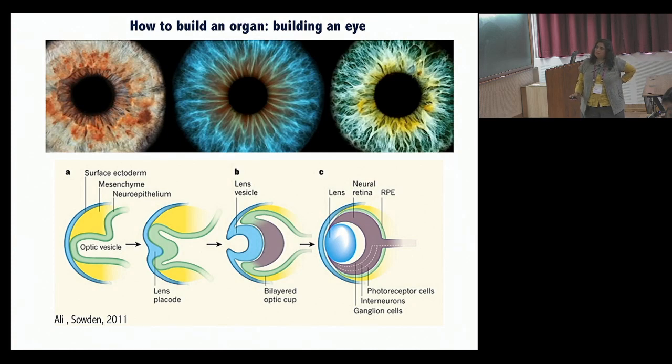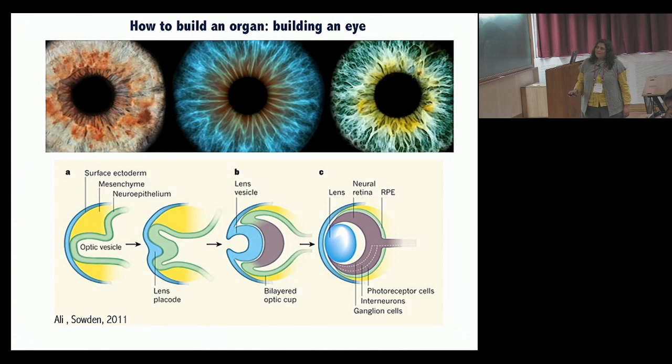So in some simple way, you can think of what's happening in the surface ectoderm along the lines that I described to you yesterday, which is like what happens during dorsal closure, what happens during neural tube closure, meaning that you have a sheet of cells and you have something that induces that sheet of cells to bend and create this sort of invagination.